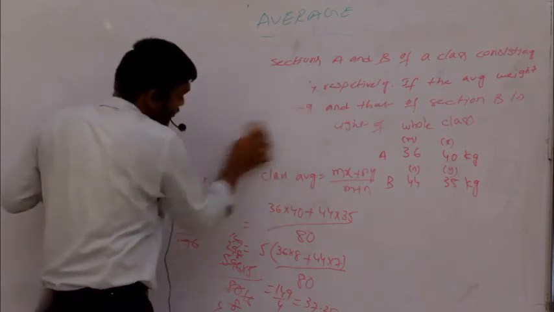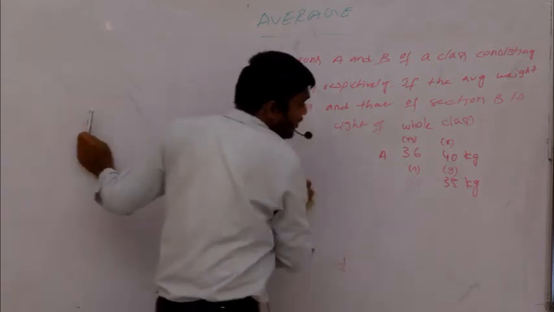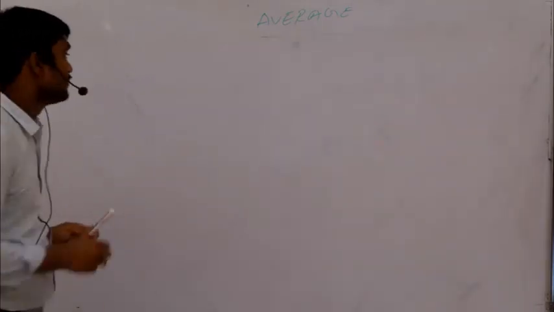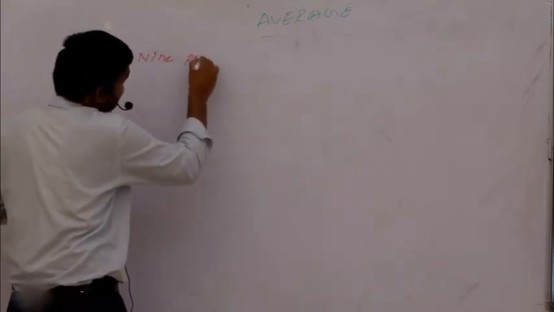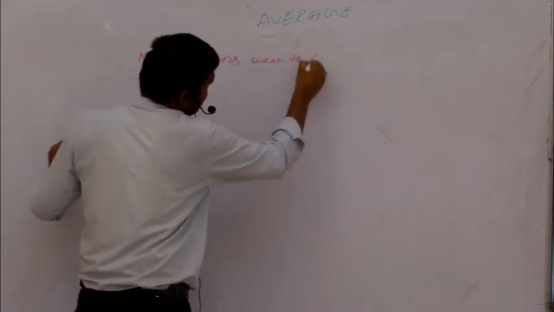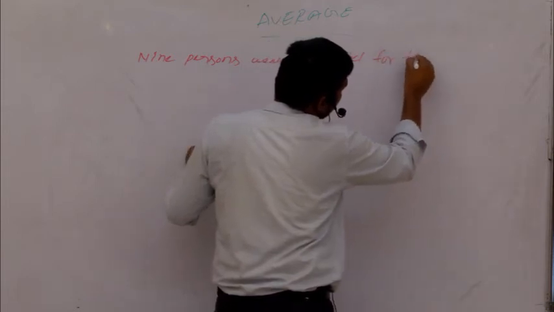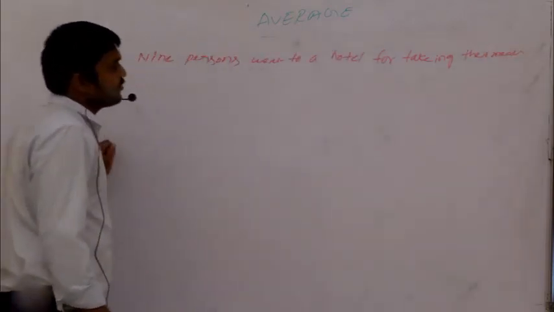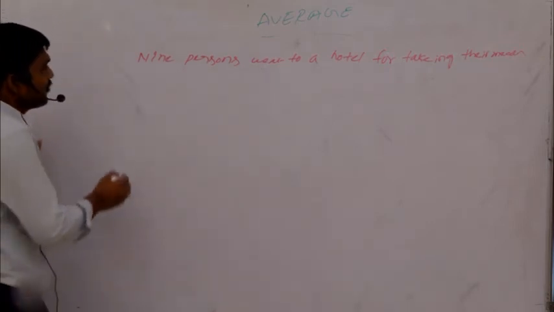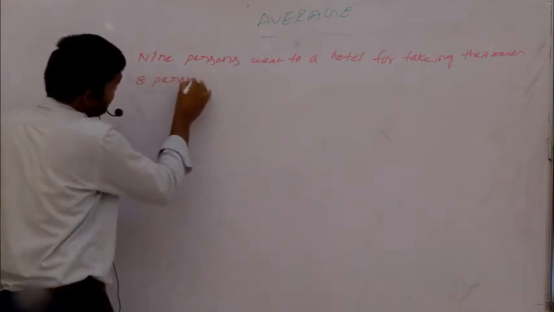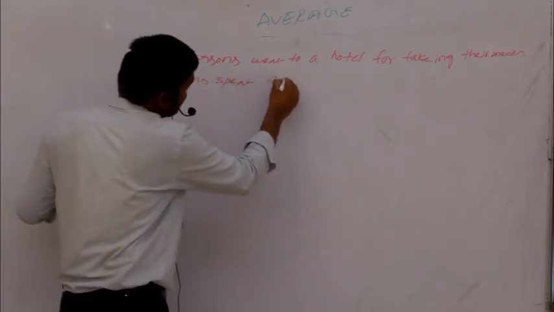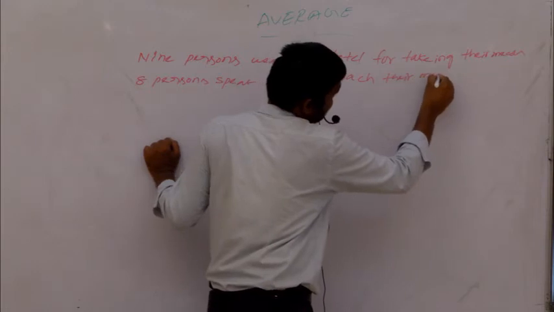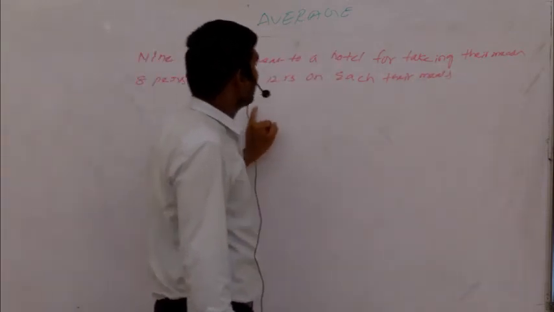The next problem is: 9 persons went to a hotel for taking their meals. 8 persons spent 12 rupees on each of their meals.